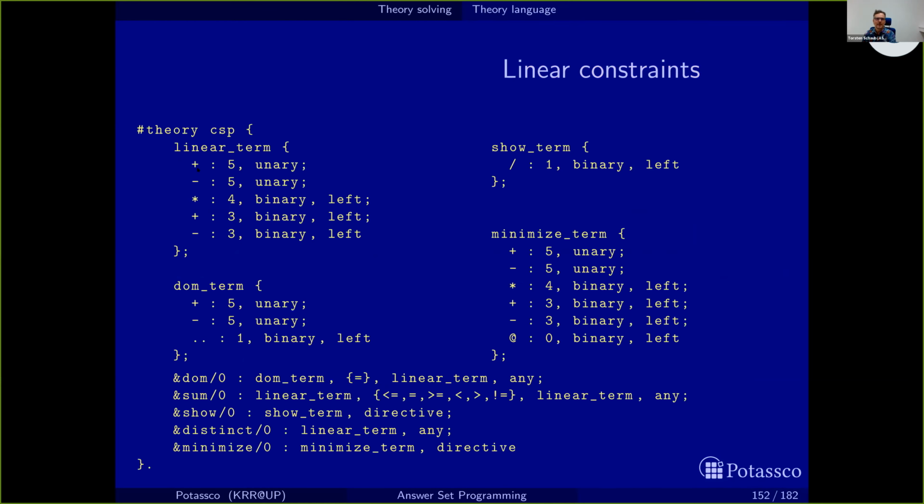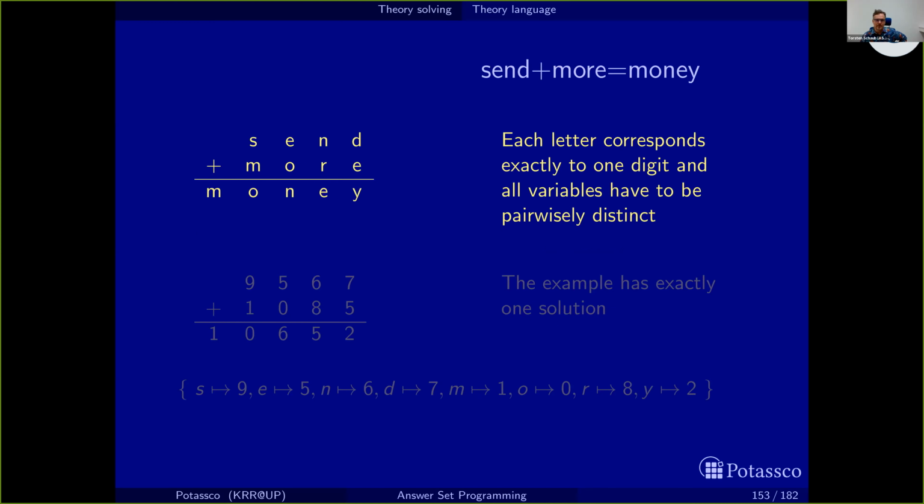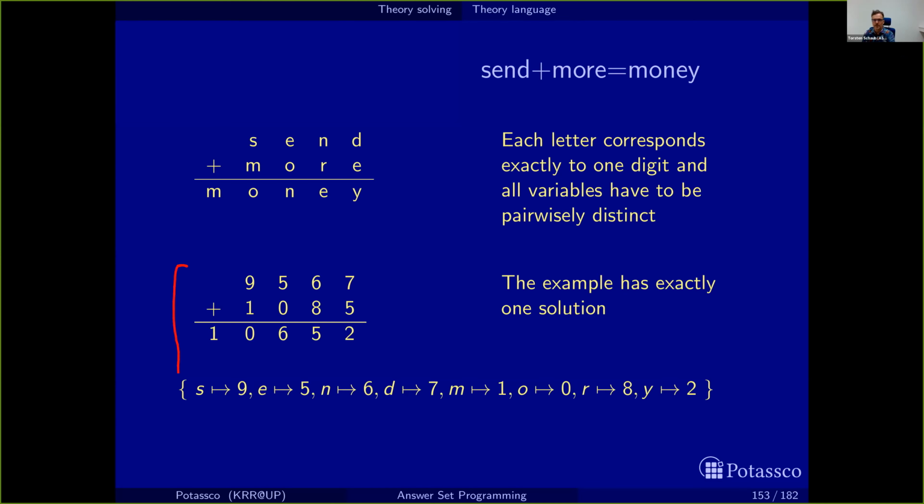So this is, for instance, the grammar specification for CSPs, right? And you then have a domain predicate, sum predicate, show, all distinct, minimize, and then you can specify the send more money example. I think most of you know that, right? You want to solve this problem here, and there's actually only one solution where you replace all the letters by 1 digit. This is the solution.